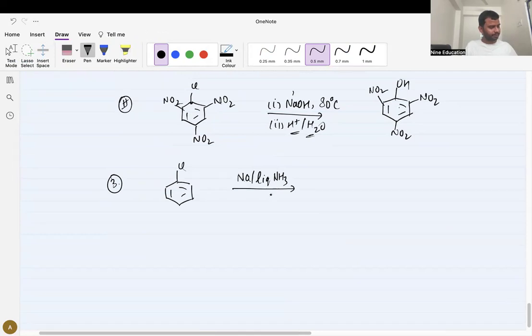Not sodium in liquid ammonia, NaNH2 in liquid ammonia, NaNH2 in liquid ammonia. We also call it sodium amide, sodamide. So what will happen, in place of chlorine you will get here NH2.